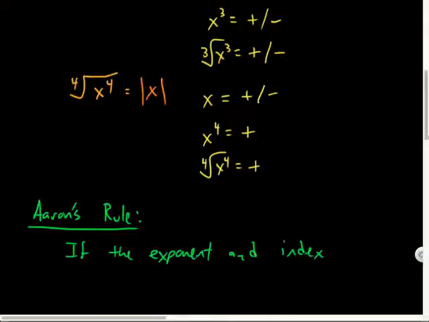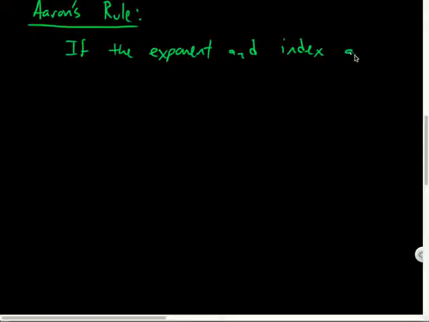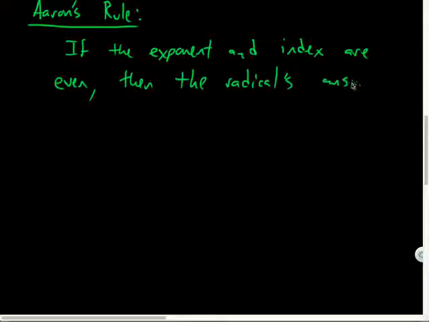You got it. If the exponent and the index are even, then the radical's answer needs absolute value. Done. So that's Aaron's rule, right?